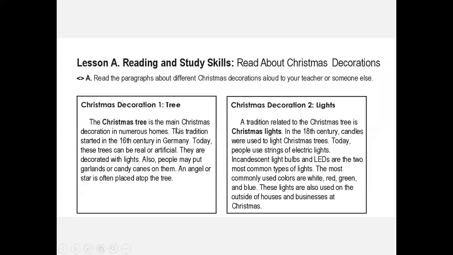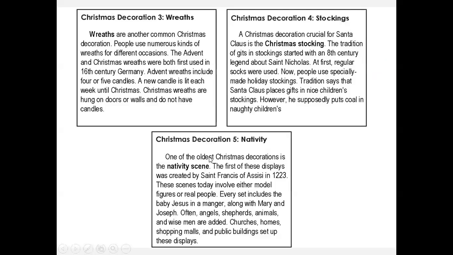I'm back here on decoration 1 and 2. So what it is: Christmas tree, Christmas lights; when it was: 16th century, 18th century; what it was; today, the trees can be real or artificial, details about it that can be answered generically.